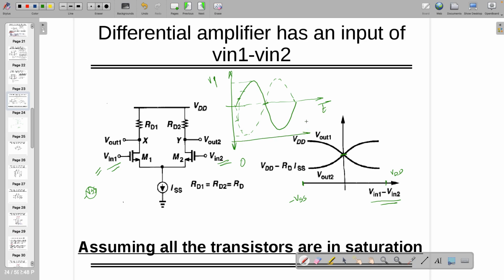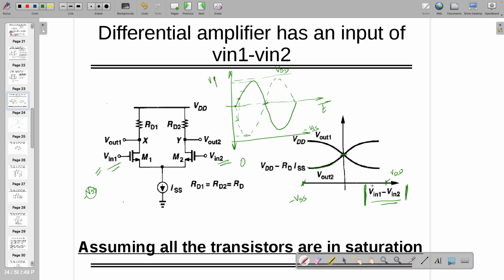So if this is, let's say, VSS, and this is VDD, if both start from 0, no problem. In between, accordingly, it's going to be increasing, going from minus VSS to VDD. If you are looking only at amplitude, then mod of V1 minus V2 is going to give you this.